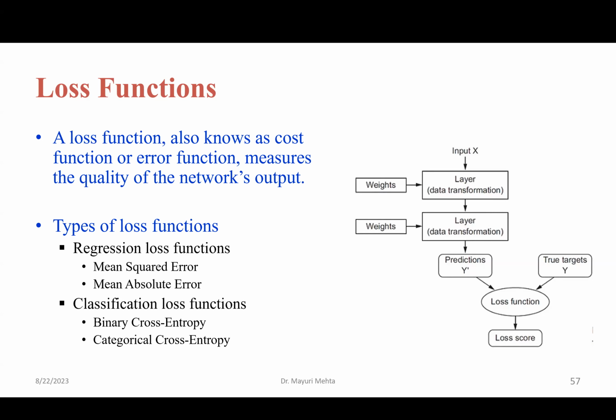Why are we talking about machine learning? Because we know that deep learning is a subset of machine learning, so we can use these loss functions even if we are solving problems using deep learning algorithms. There are several loss functions. I hope you have understood what exactly the loss function is.